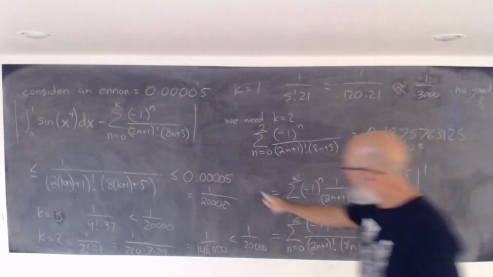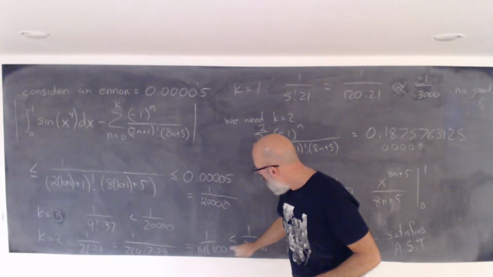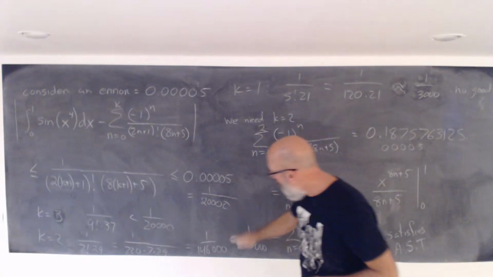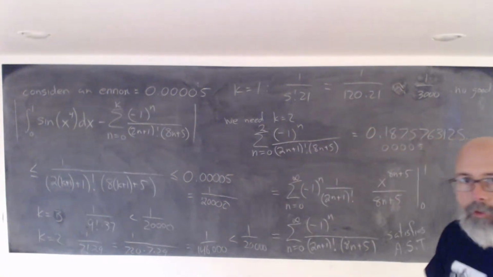Luckily for us, by taking this, we actually have an error which is much less than that. It's actually 1 over 146,000.